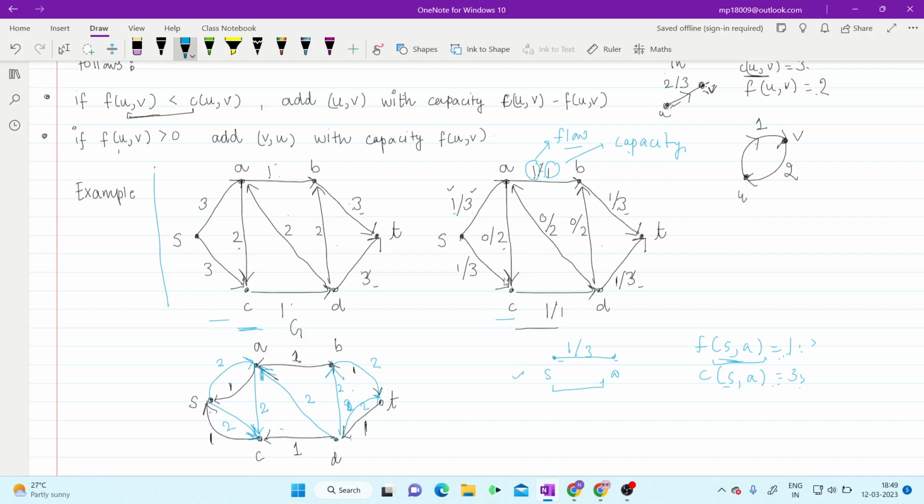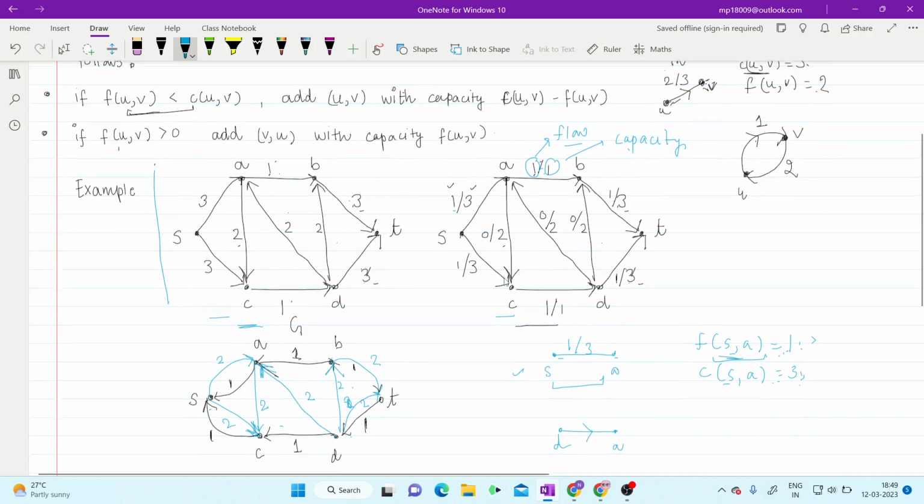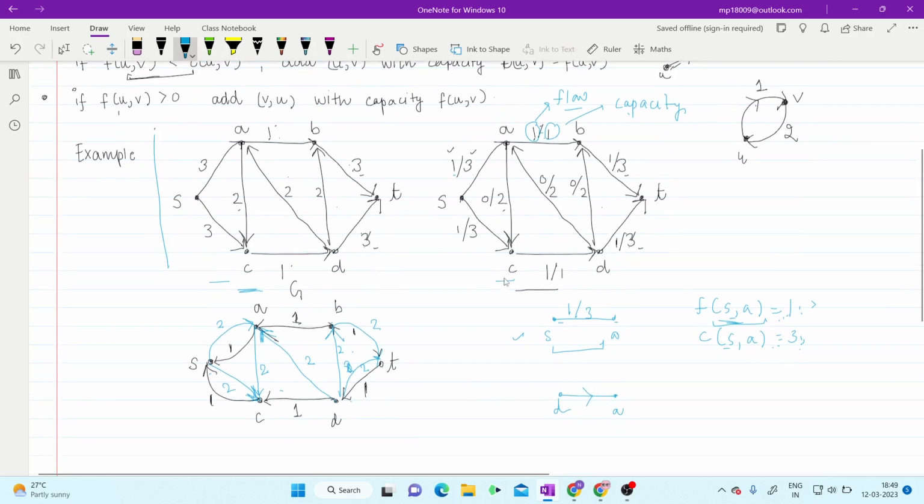Take this edge DA. DA has 0 slash 2. That means flow of DA is 0 and capacity of DA is 2. The first condition, that flow is strictly less than capacity, is satisfied.